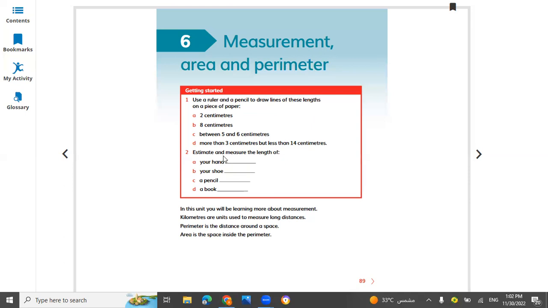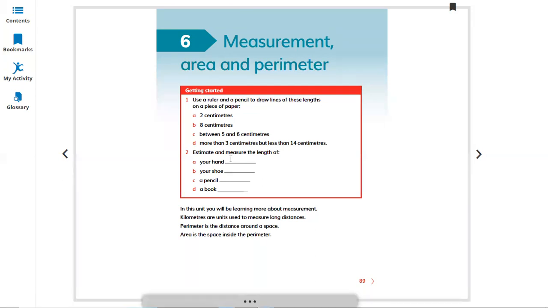Number 2, estimate and measure the length of your hand, your shoes, a pencil, and a book. So using a ruler, your hand may be 3 centimeter or 2 centimeter.